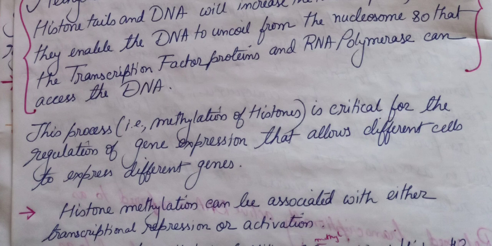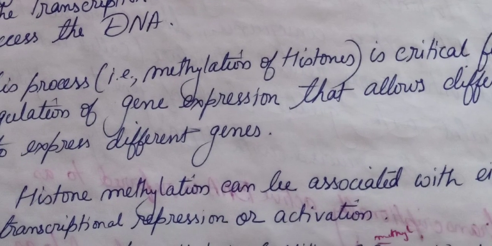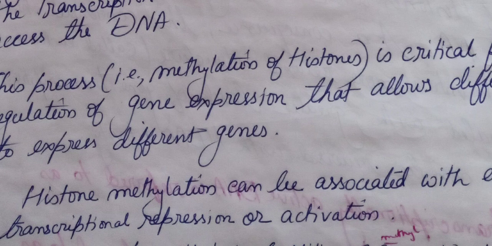It depends on which amino acid in the histone tail is getting methylated, and how many methyl groups are attached to that site. Depending on that, histone methylation will cause activation or repression of transcription of that particular gene segment, to coil or uncoil.